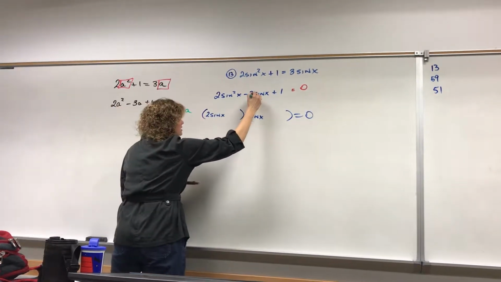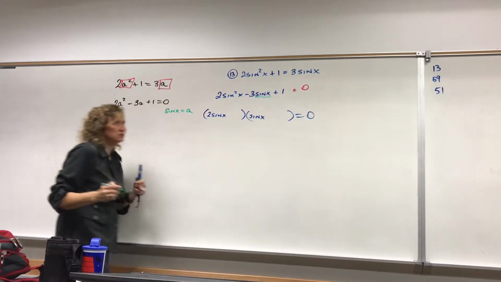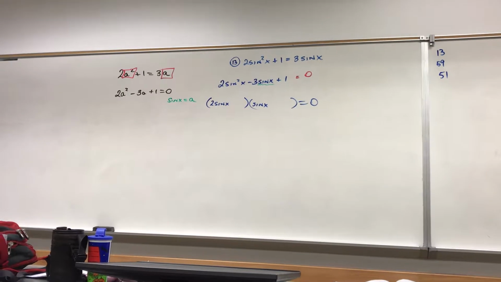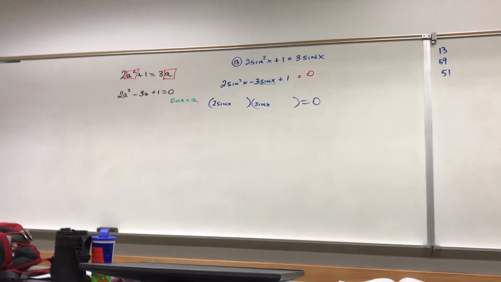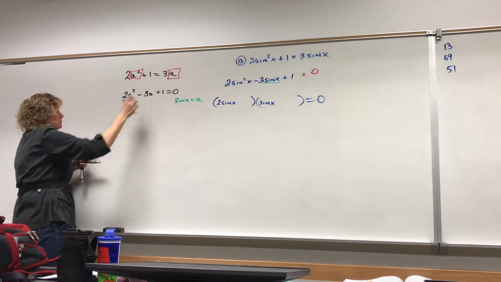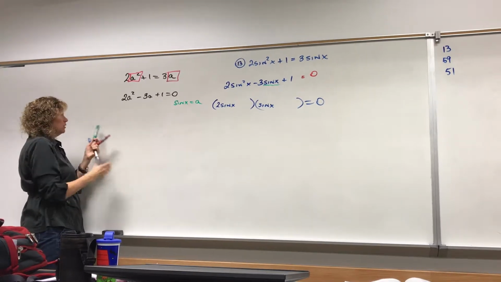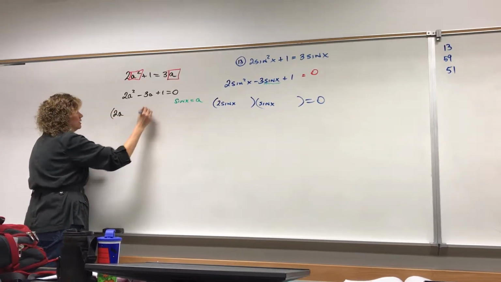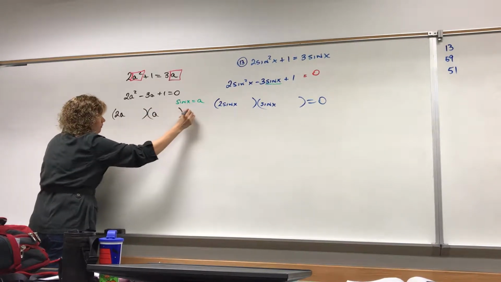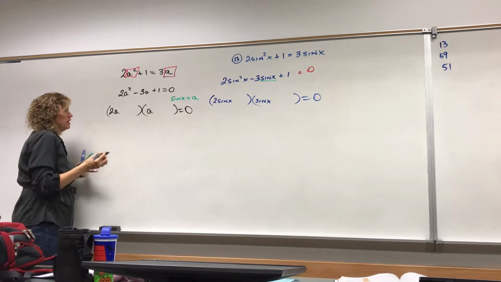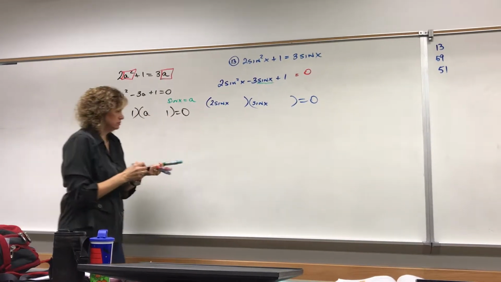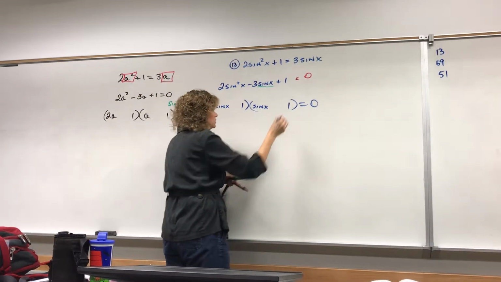Anytime your substitution is going to be helpful, you're always going to take that linear variable, the sine x, and call that your variable. So you could do the same thing over here. You say, oh, 2a squared, that means I need a 2a and I need an a. And if I've got a 1 on the back end, I have no choice. I better have 1 times 1 is 1.